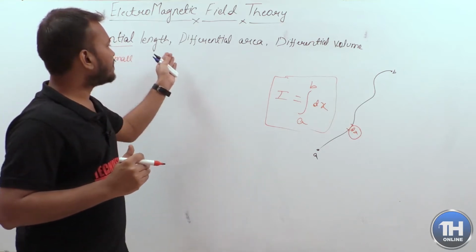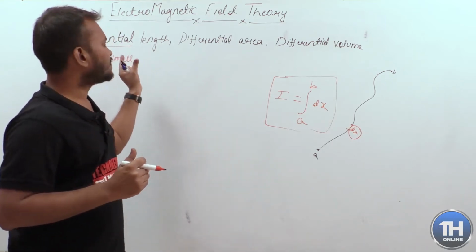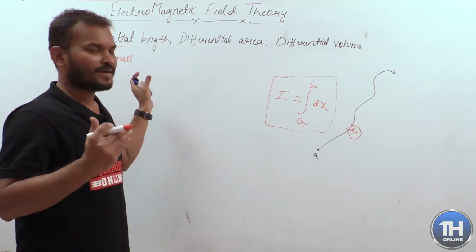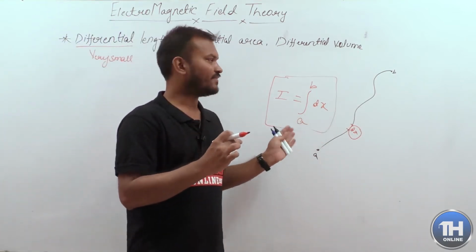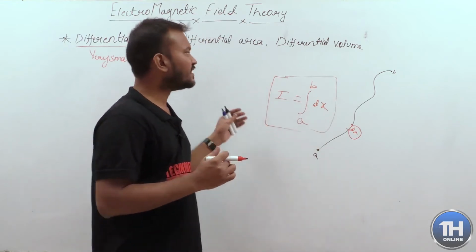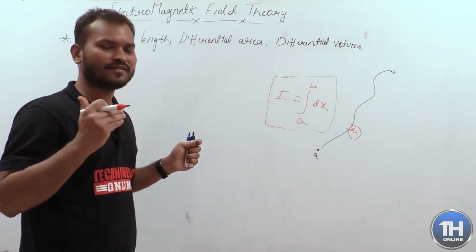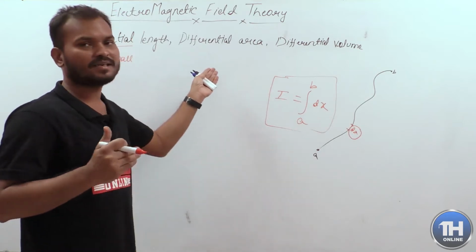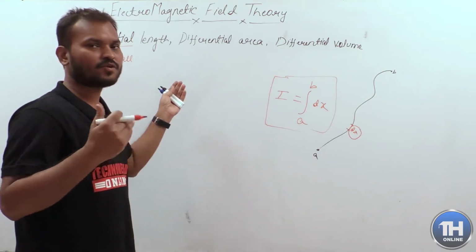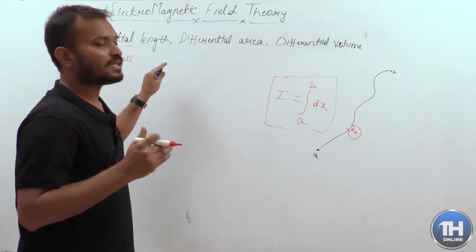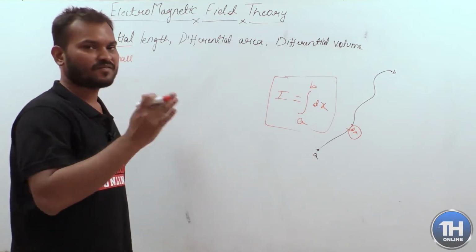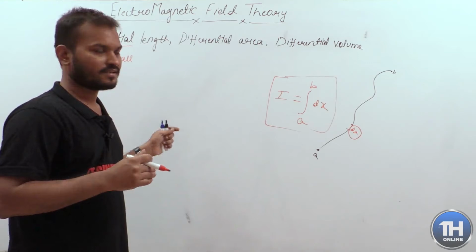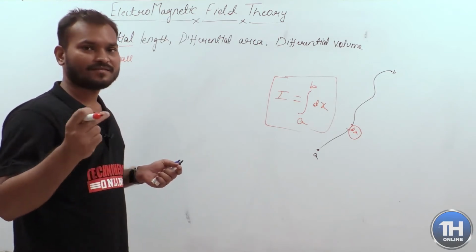So in case of the vector calculus, first we need to define it in a suitable manner. It is not so easy like we have taken a dx and we have integrated like this. Here in the vector calculus, we need to define every term separately, and we need to look at which quantity is a scalar or which quantity is a vector, and accordingly we perform the integration and the differentiation. If it is a vector, it will have some direction.